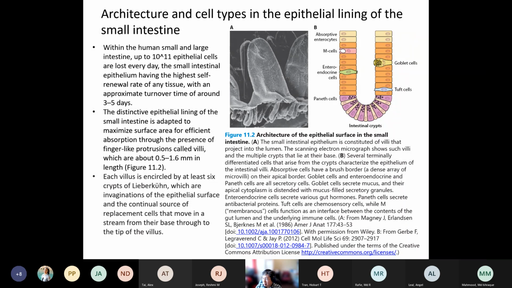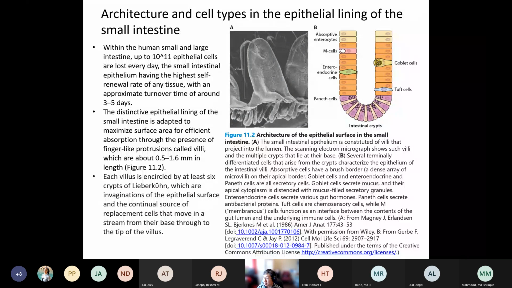The food is already pretty processed by the stomach, and at this point it's more about absorbing the nutrition out of the processed mix there. So to serve that purpose, the epithelial lining of the small intestine is trying to maximize the surface area, because when you have a lot of surface area, you have a lot of cells in contact with the outside, with the lumen.